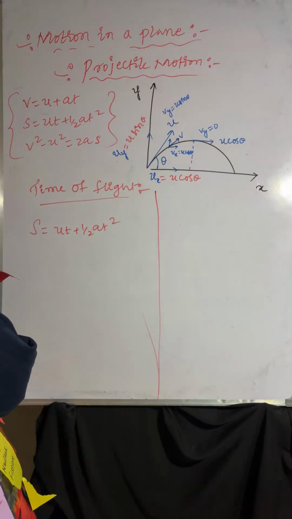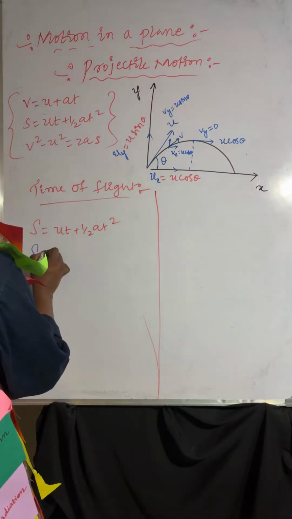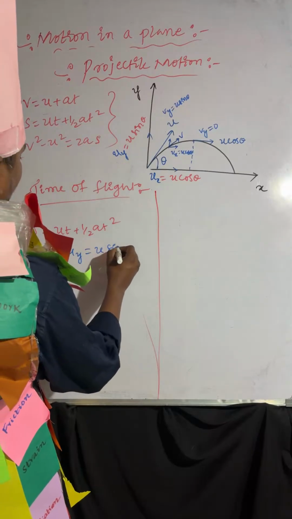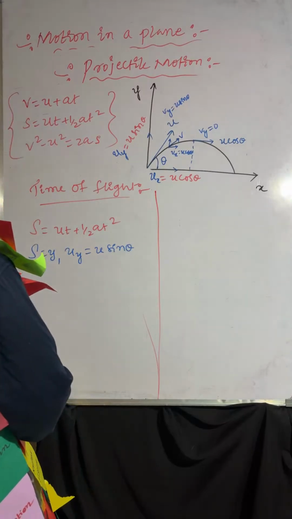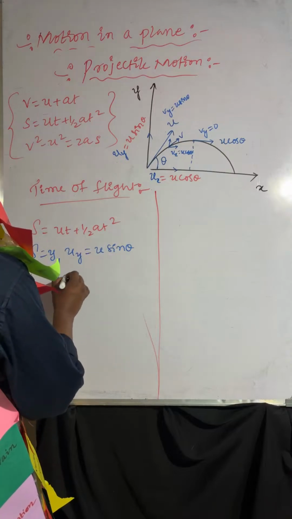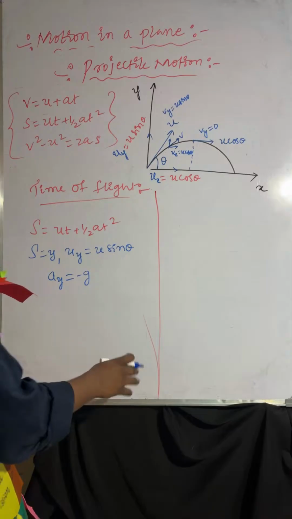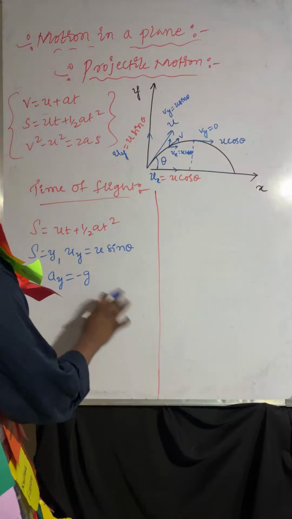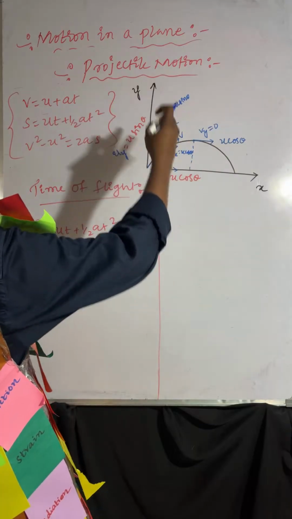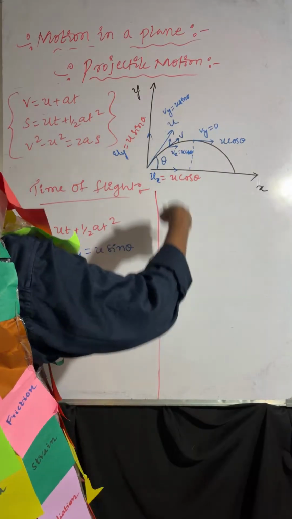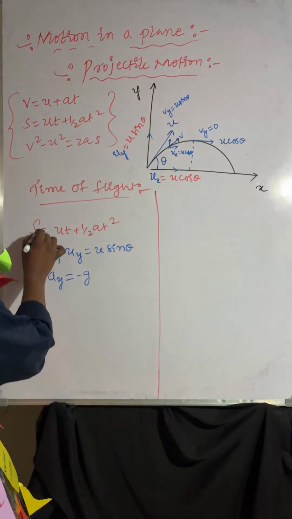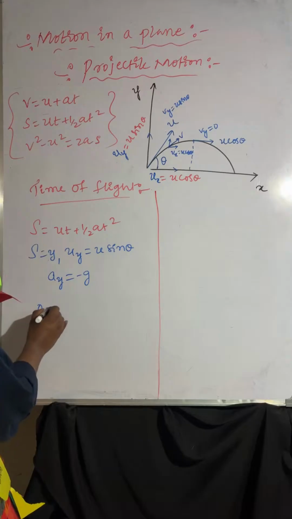So in this case, s equal to y, uy equal to u sin theta, and ay equal to minus g. So along the vertical direction, the body is thrown from the ground and again reaches the ground. So then y equal to 0.